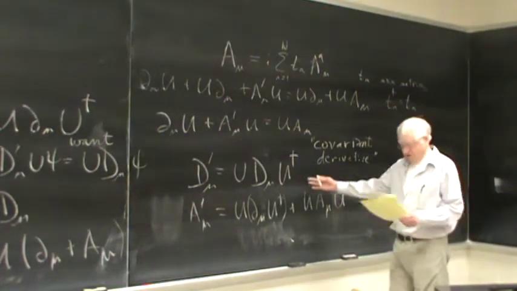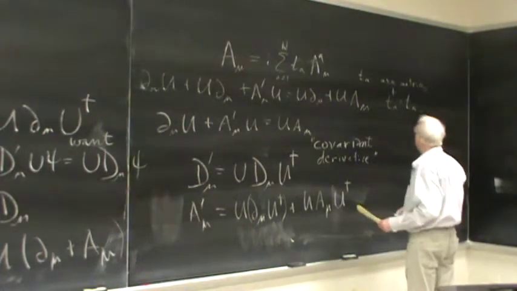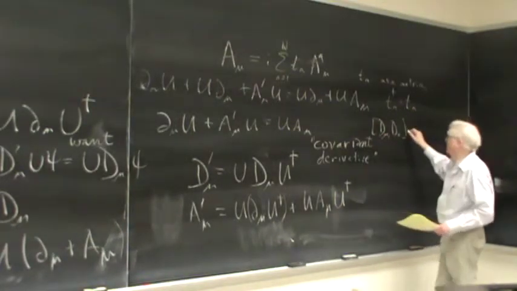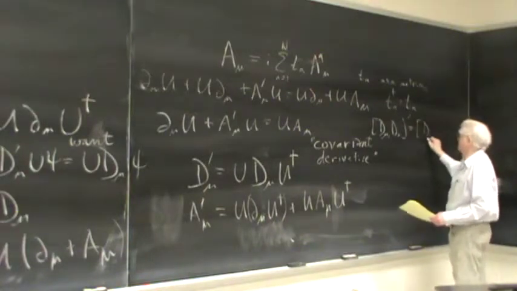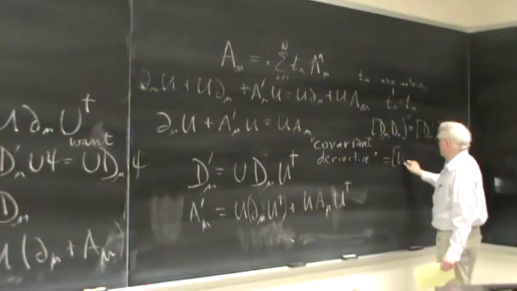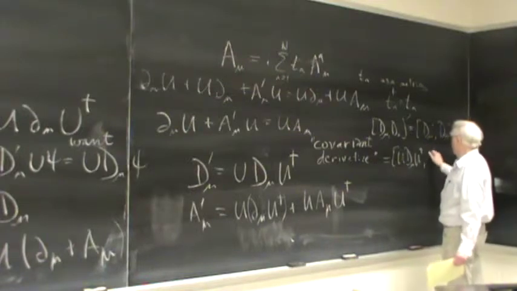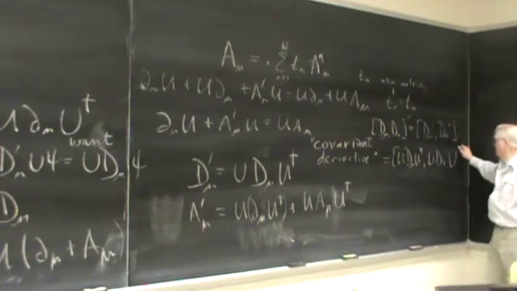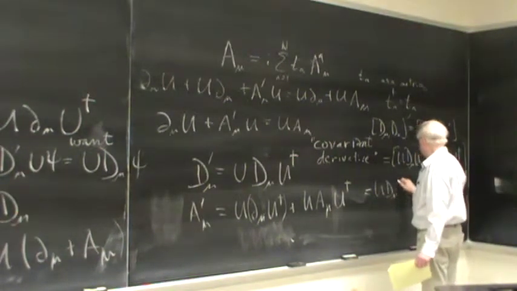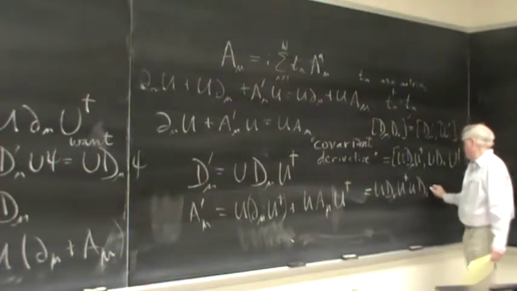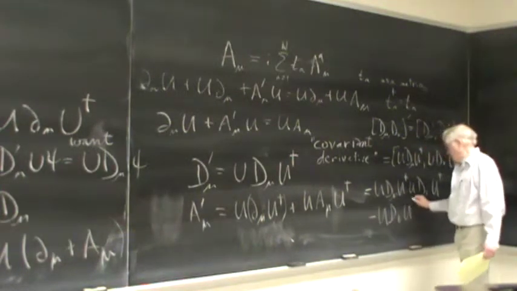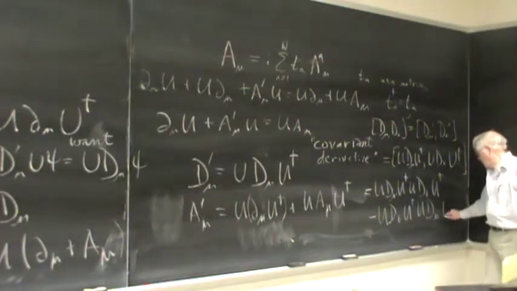Once we have the d mu transforms this way, we can see that the commutator of d mu prime with d nu prime will of course be u d mu u adjoint, u d nu u adjoint, and so this is going to be u d mu u adjoint u d nu u adjoint minus u d nu u adjoint u d mu u adjoint.